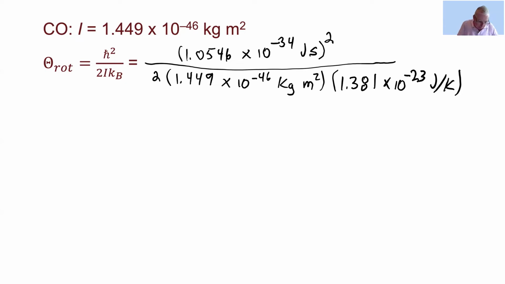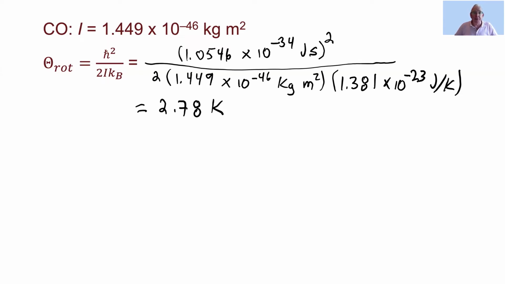And if I multiply all that out, my notes sitting beside me here say I get 2.78 Kelvin. So the small size of that number suggests that at room temperature at 300 Kelvin, we should pretty likely be in a high temperature limit, right? Because our temperature is 100 times greater than that theta, and that means that our partition function should end up being decently large, and we'll prove that here in a second, okay?